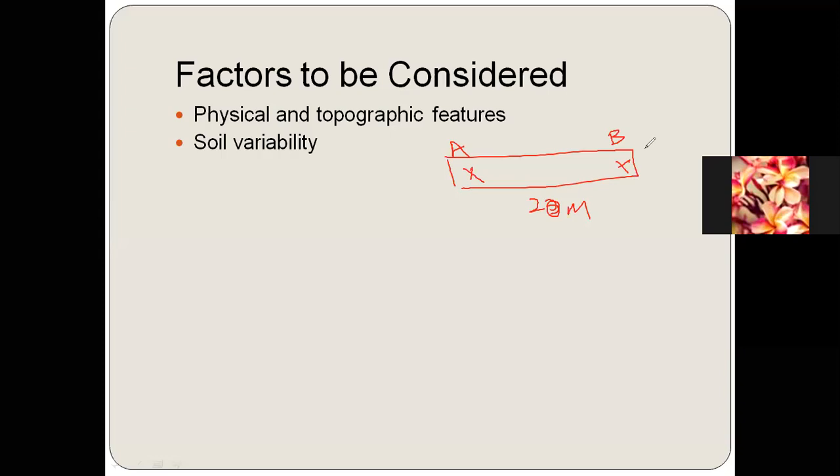Can you tell the condition when you take soil condition? Maybe nutrient in A and B, or the level of microbes, or the moisture level. Would there be a difference between these two sites, or no difference?